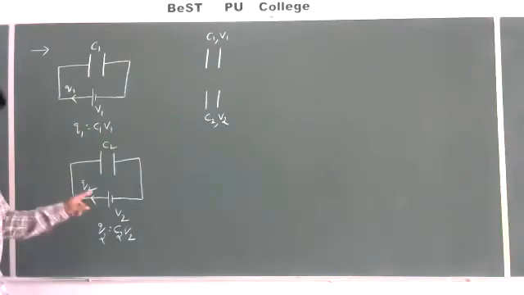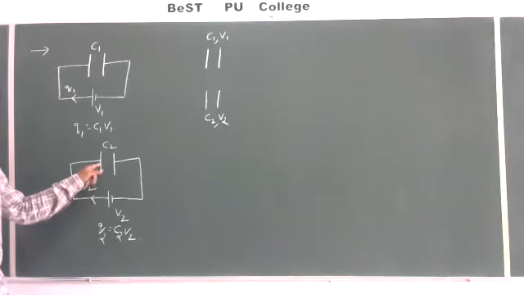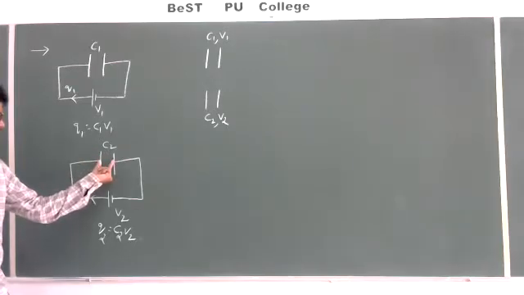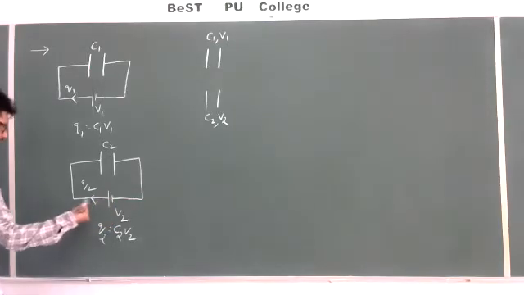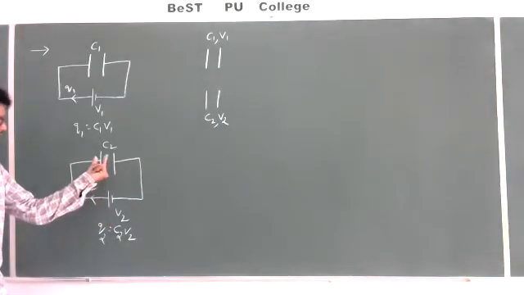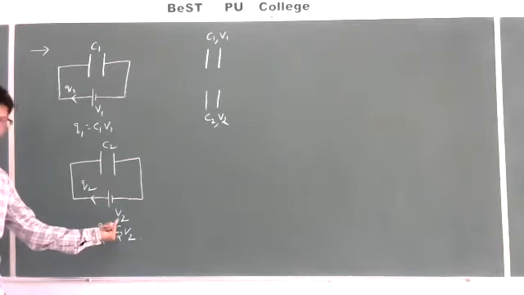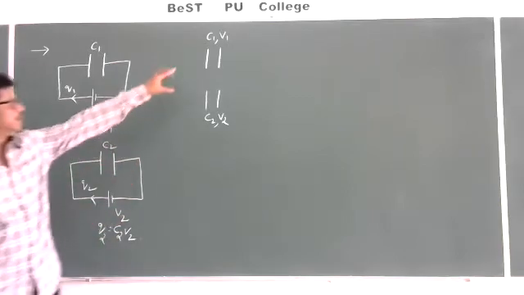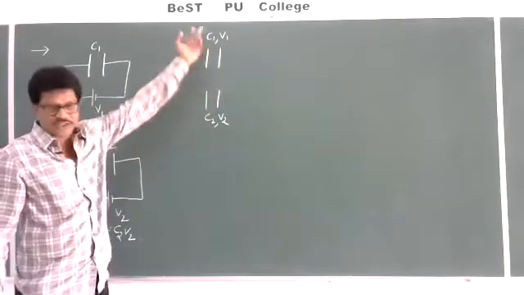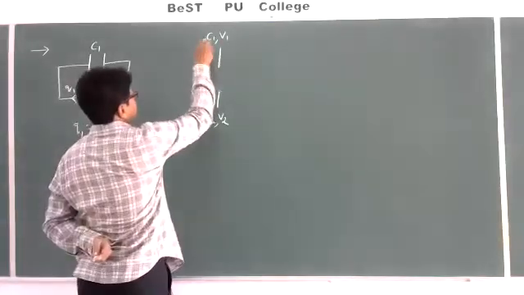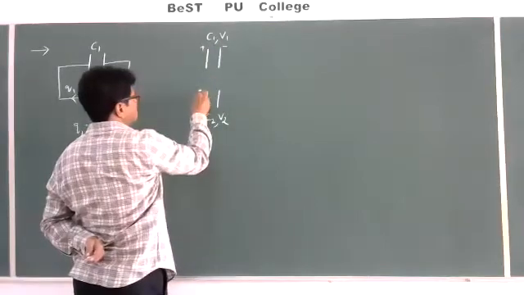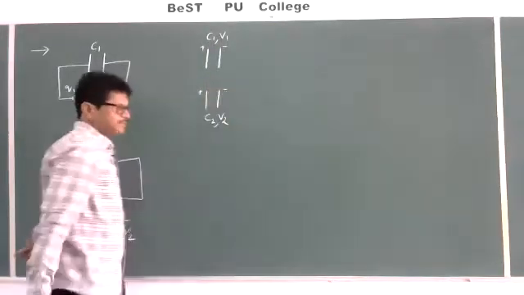Because what we discussed is there will be a transfer of the charge until the potential of a capacitor and the potential of the source is same. Once it becomes completely charged, the potential of this capacitor will also become V2. Now these are the two charged capacitors. This is the positive plate and a negative plate, positive plate and a negative plate.